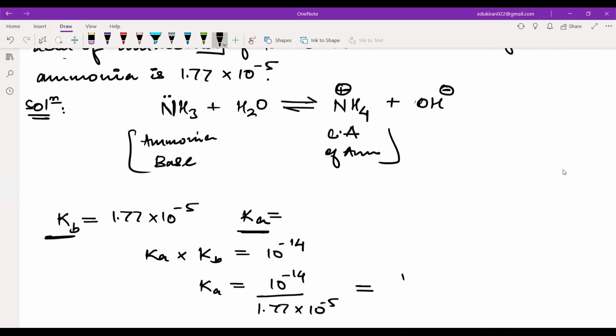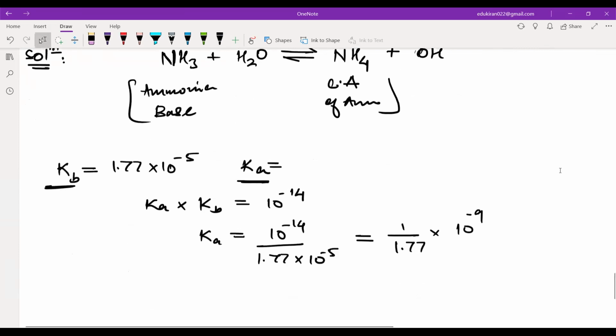So you'll have 1 upon 1.77 into 10 to the power minus 9. Right, guys? 1.77 into 10 to the minus 9.